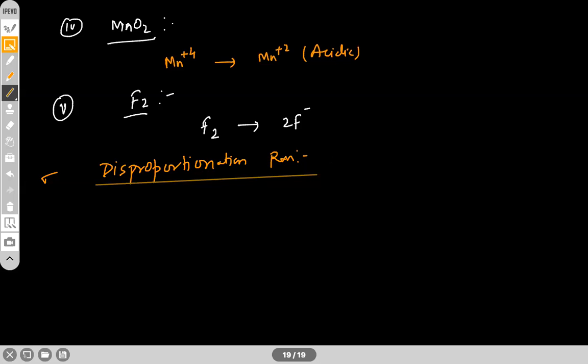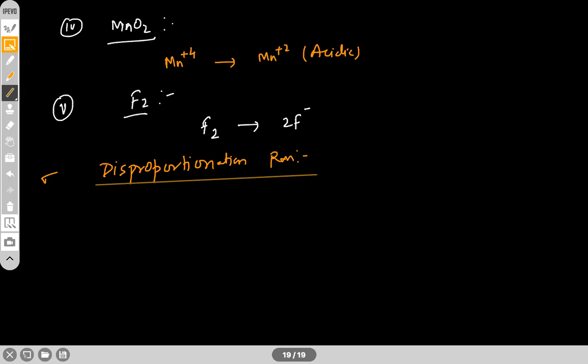Write down: in this reaction, the same element goes under oxidation and reduction.